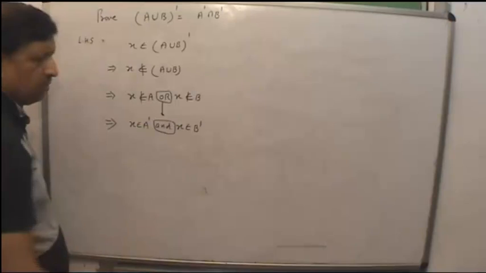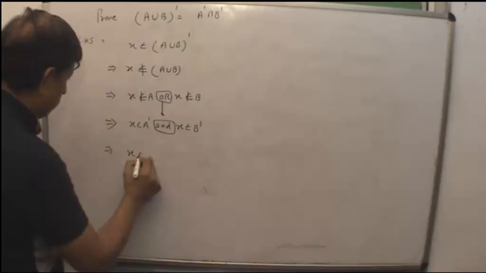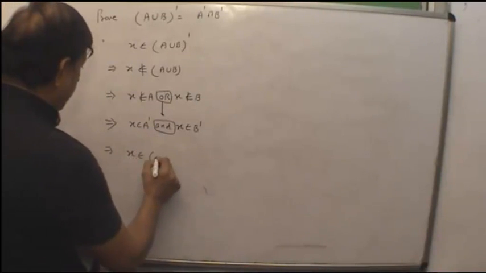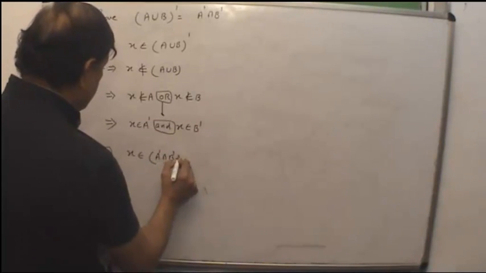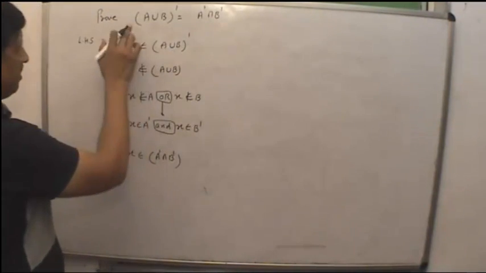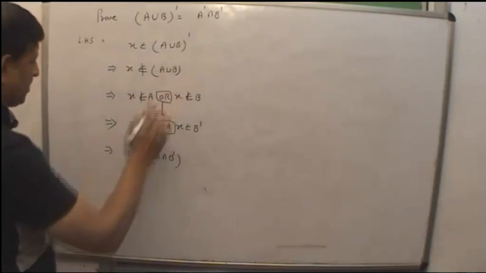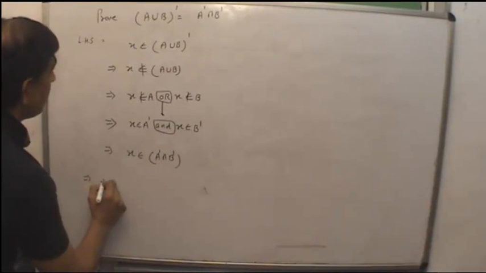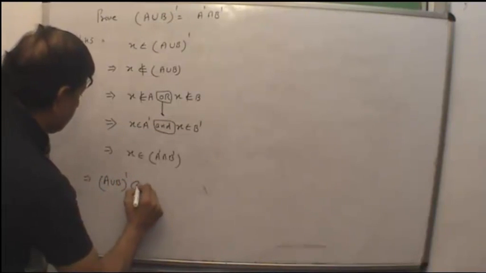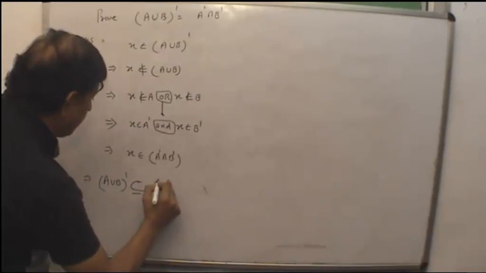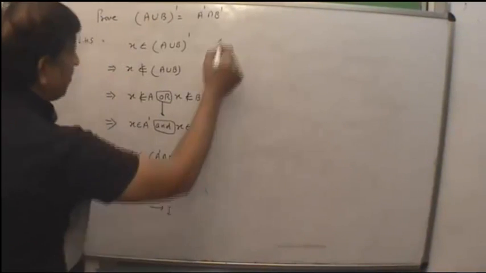This implies X belongs to A complement intersection B complement. We started from this side and ended on this side. This implies A union B complement is a subset of A complement intersection B complement. We consider it the first part.